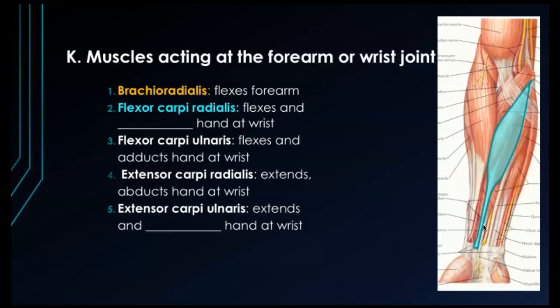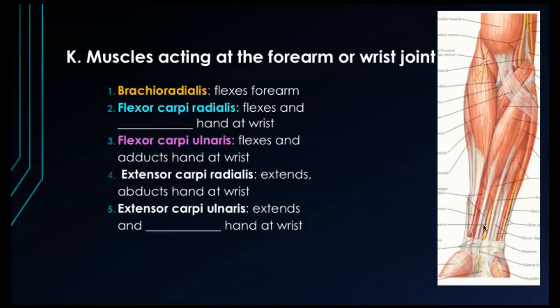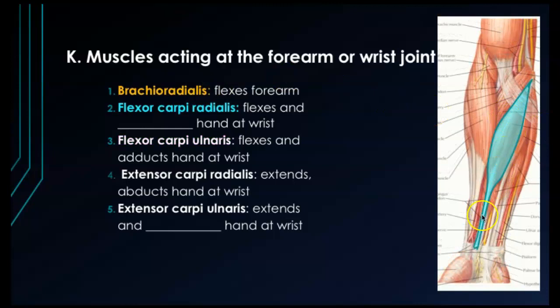Carpi is referring to the wrist, and radialis means that it's going to abduct the hand at the wrist. So what that means is this muscle, when it contracts, yes, it's going to cause flexion of the wrist, but also this portion of the wrist is going to move laterally, or we can call this radial deviation.